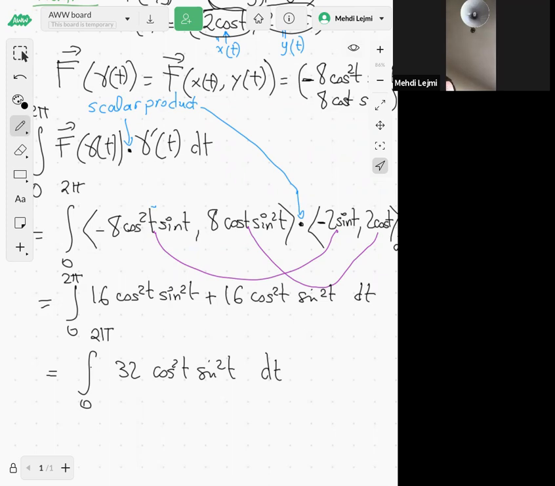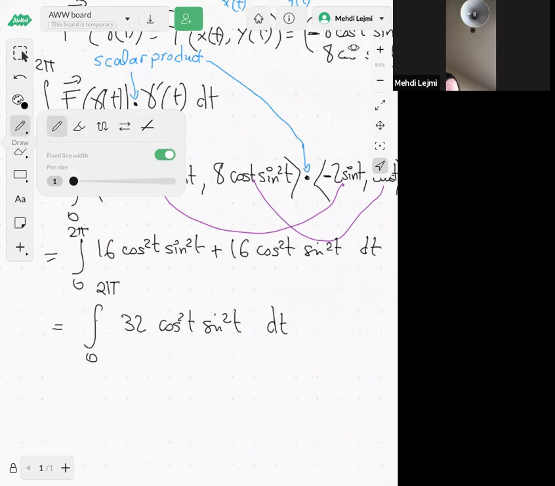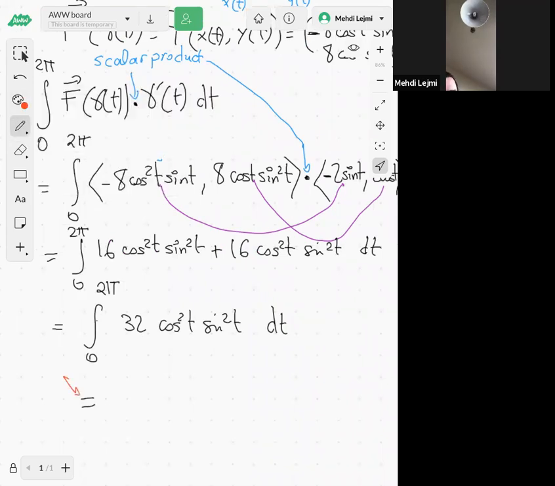So here we're going to use some trig identities. Okay. For example, cosine square of t will be 1 plus cosine of 2t over 2, and sine square will be 1 minus cosine of 2t over 2.